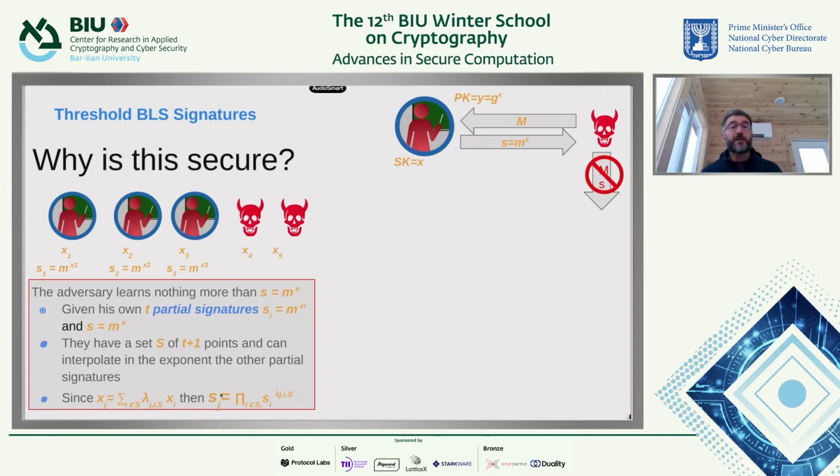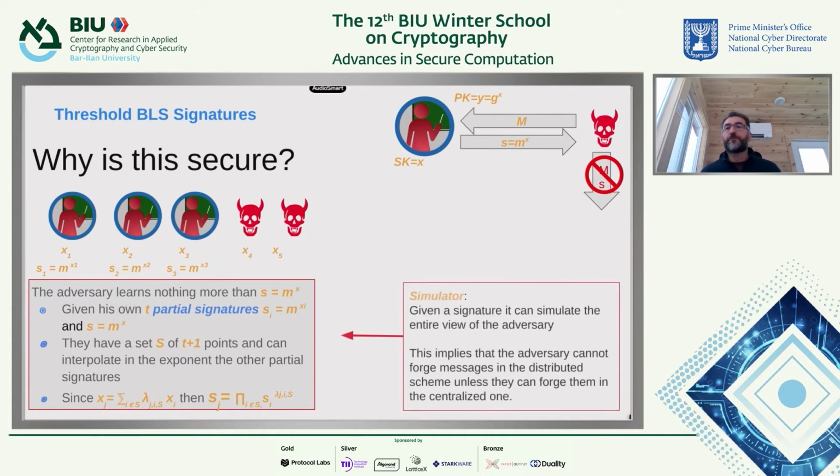So here, the partial signatures of all the good players can be reconstructed from the partial signatures of the adversary and the full signature. And this is a classic simulation argument that tells me the adversary, when he sees these 3 partial signatures, doesn't see anything more than the real signature.